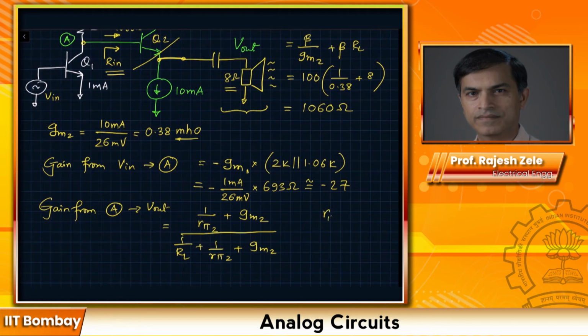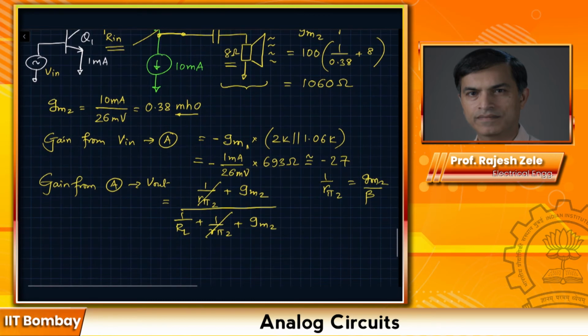Now, the reciprocal of R pi 2 is equal to GM2 divided by beta, so we can ignore this piece and the gain looks like GM2 RL divided by 1 plus GM2 RL, approximately.